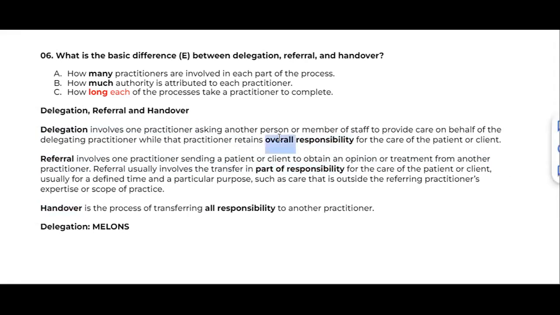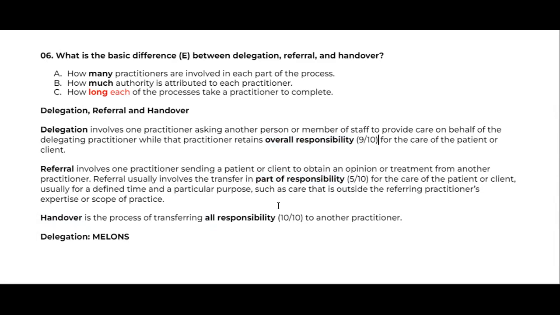The first has overall responsibility, then all responsibility, and part of responsibility. All responsibility, as per our number method, is 10 out of 10, and part of responsibility is something around 5 out of 10. Overall responsibility means something about 9 out of 10.